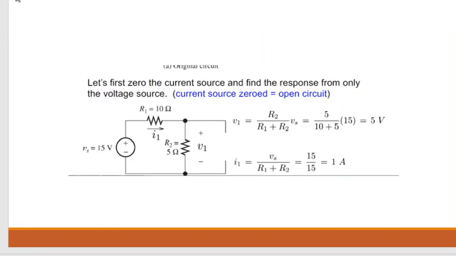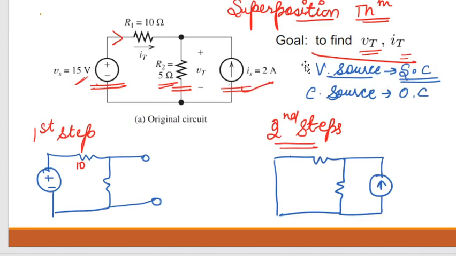See, this is the first step they have done. Taken the voltage source, current must be open, right? Now they have calculated what they are asking, VT and IT, right? Now we need to calculate IT. Can you tell me how can we get IT?